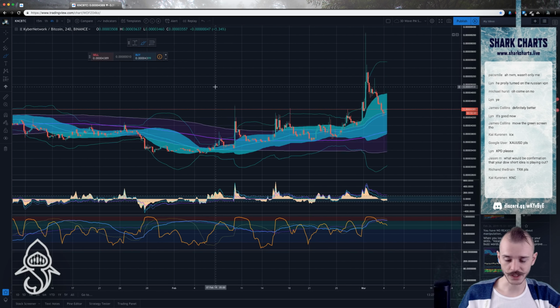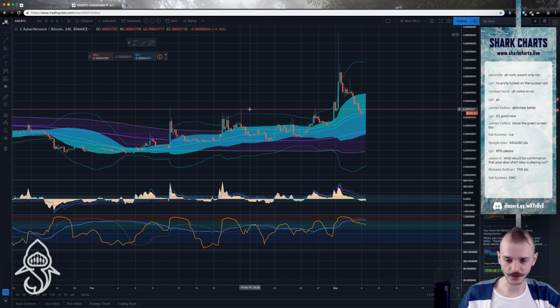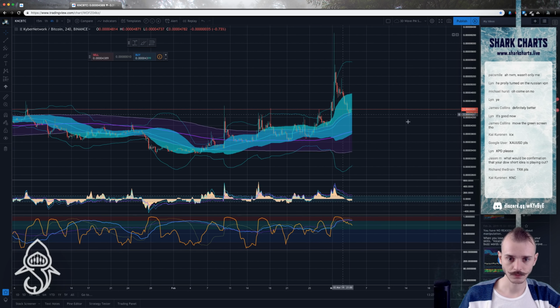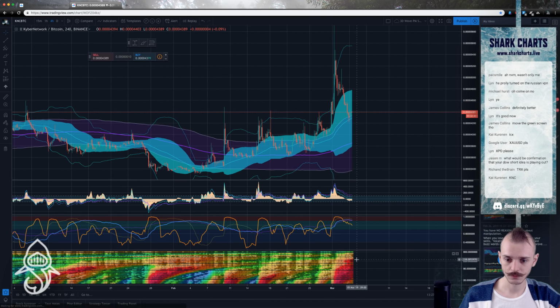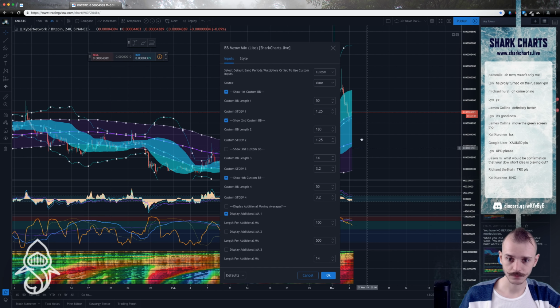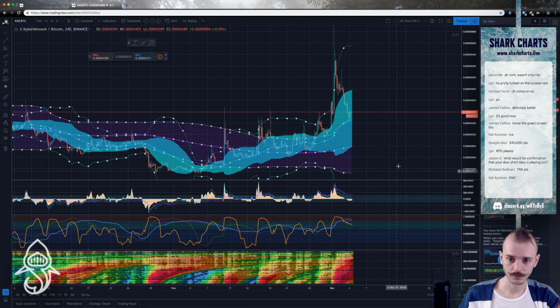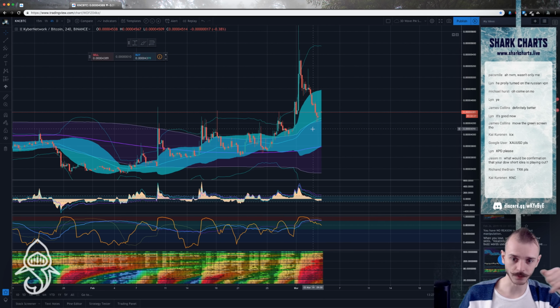Oh, we can define retracement values on this. Do note they're going to be high risk retracement values, but we are looking at 240. Okay. Oh, there we go. That is nice.